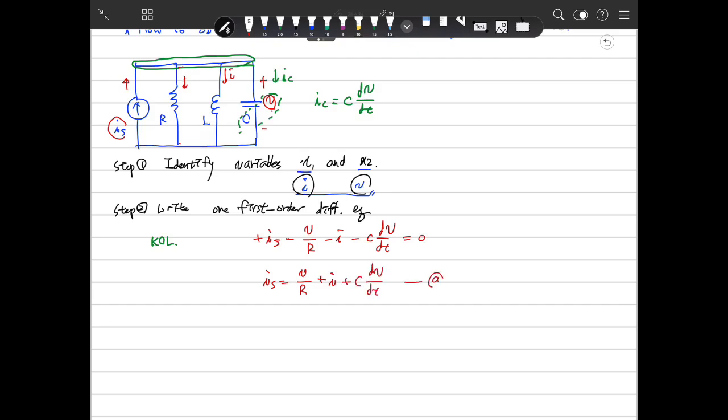We define this equation as A. This is the first first order differential equation here. But we have two different variables, I and V, and this first order differential equation consists of both I and V, so we cannot derive one variable. To make a one variable differential equation, we make step 3.